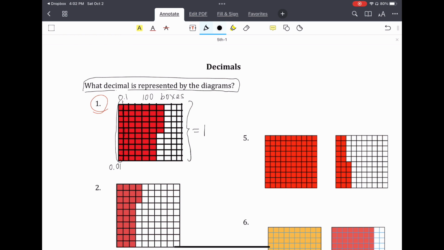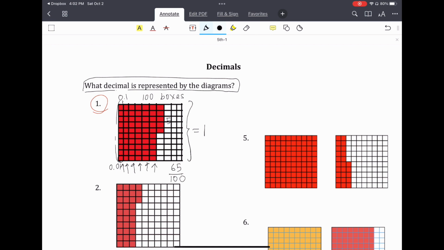Now, what we're trying to represent over here is the red outline, and you're trying to write the decimal of this. Really all you need to do is find out how many boxes are being shaded. There's 10 in each one, so there's 1, 2, 3, 4, 5, 6 columns plus 5. So there's 65 out of 100 boxes being shaded.